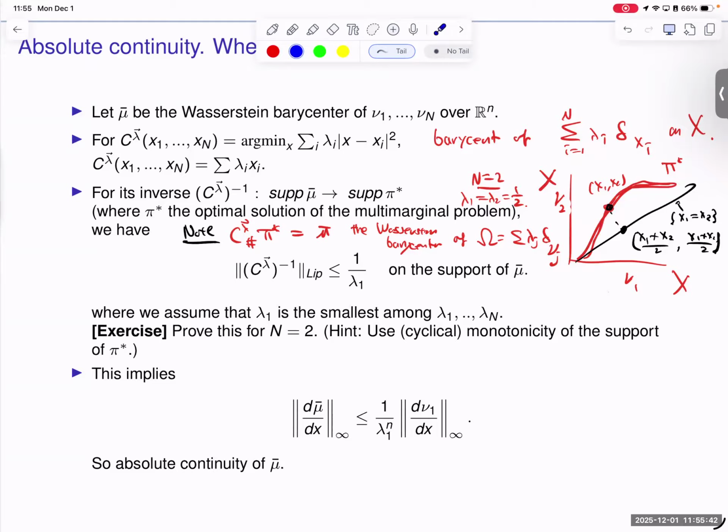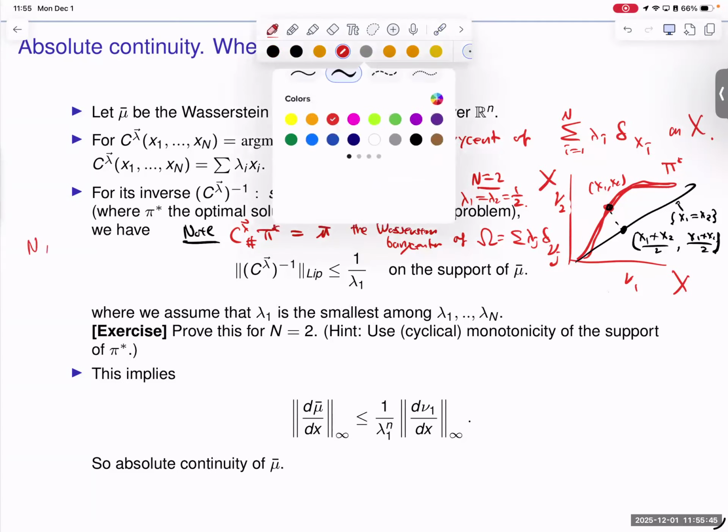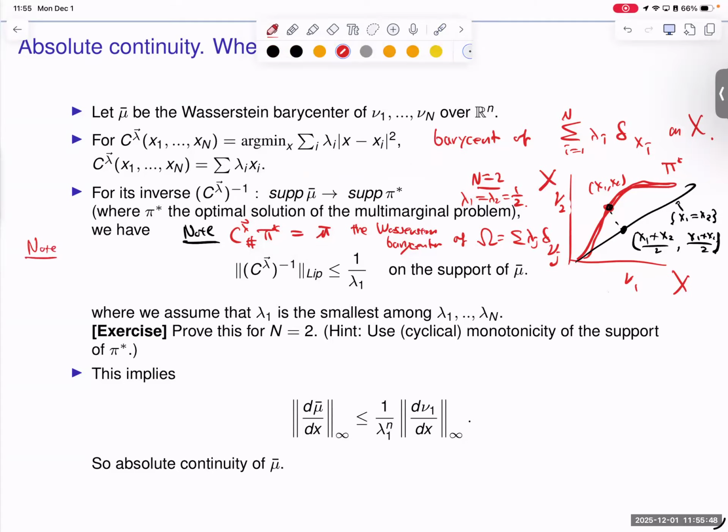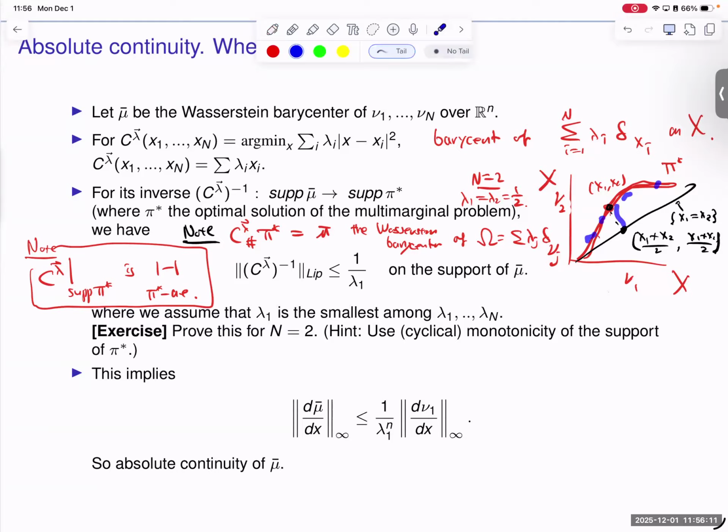In other words, note C lambda restricted on the support of pi star is 1-to-1 almost everywhere, pi star almost everywhere. So almost every pi star point here, their projection is 1-to-1, and then you can consider the inverse. Is this more clear now? Yes, okay, thank you.